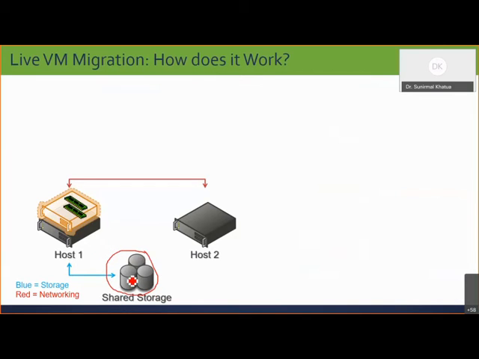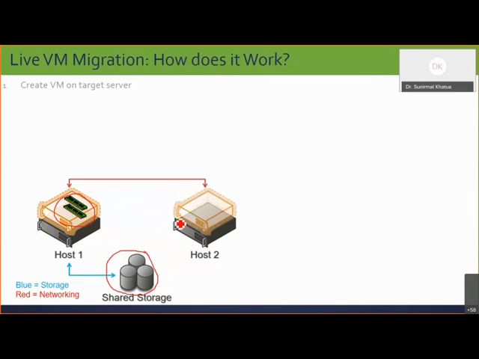So these storage area network blocks are mapped to the corresponding VM. So for migration, you do not need to migrate those blocks. We just need to change the mapping or the mount points to host 2. But we need to copy the in-memory state, because the RAM or the memory pages are in host 1. So those memory pages have to be copied to host 2.